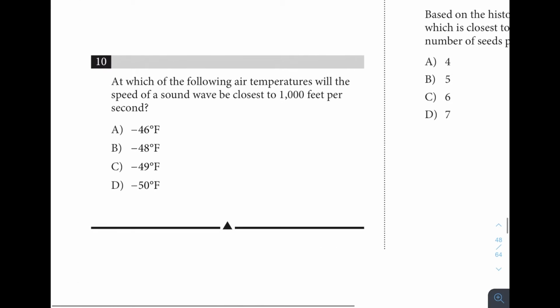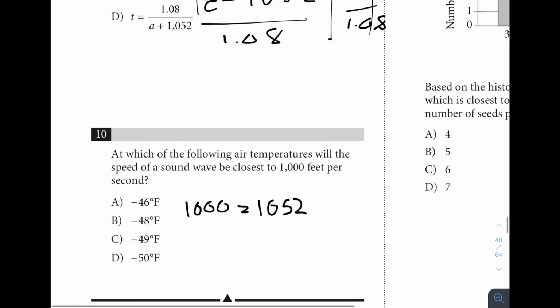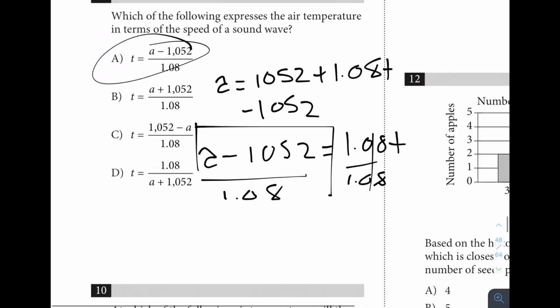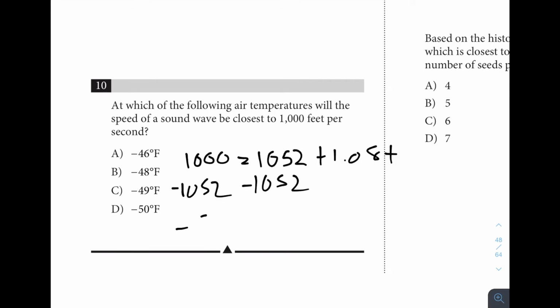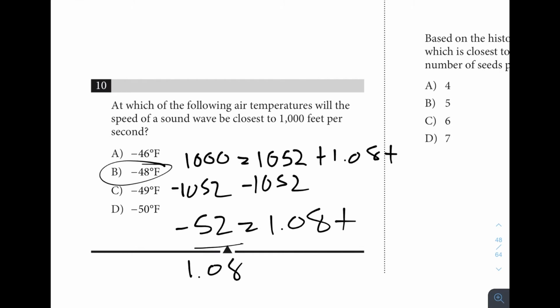So we'll get 1,000 equals 1052 plus 1.08 T. From there we subtract 1052, and you get negative 52 equals 1.08 T. Then you just divide negative 52 by 1.08 to get your answer, and that's going to be B if you use a calculator.